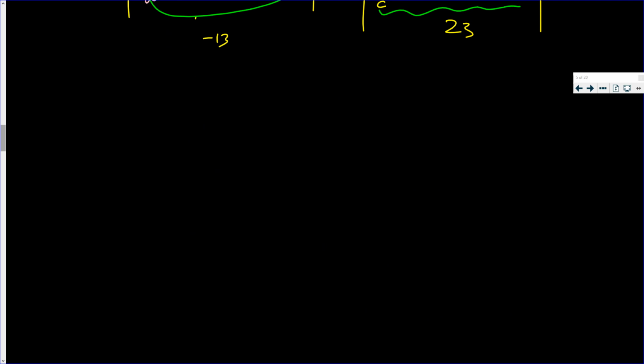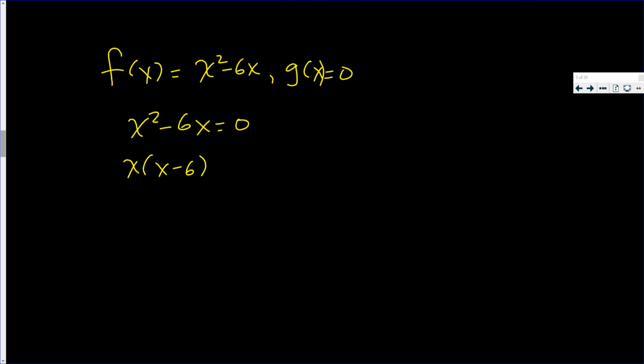Okay, so suppose you're given f of x equals x squared minus 6x and g of x equal to 0. So we just want to find out where the functions intersect. So you want to solve x squared minus 6x equal to 0. I can factor the left side, and I get that x is 0 and x equals 6.